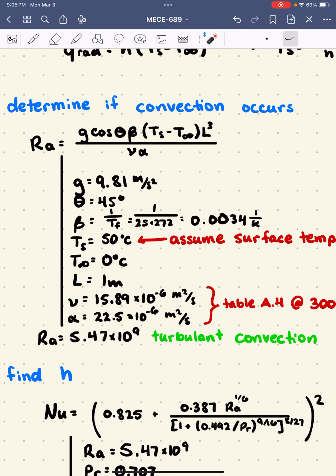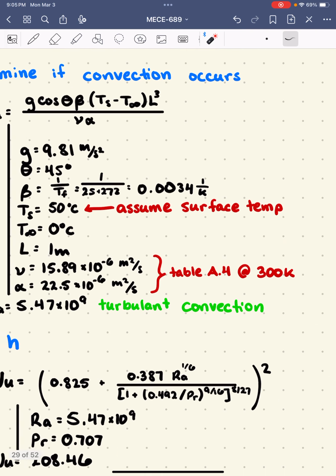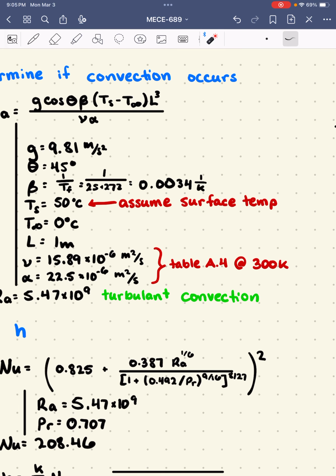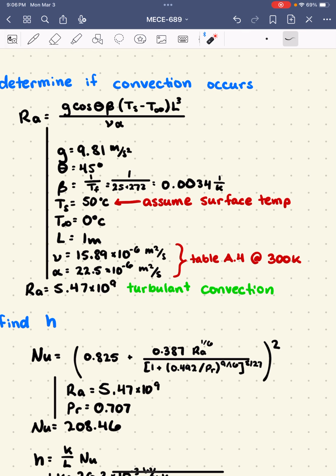With this equation, we can input most of these things, but we do have to make an assumption here. We have to assume the surface temperature to be some number, and that's also going to affect beta, which has to be in Kelvin, in order to solve this problem. So I've made an assumption here. I will solve the problem with this assumption and then iterate if I need to.